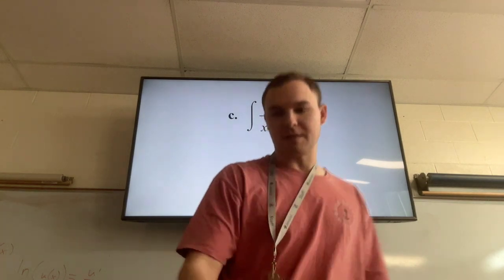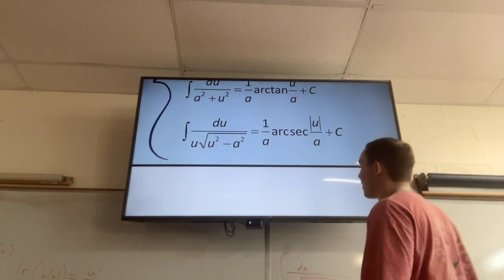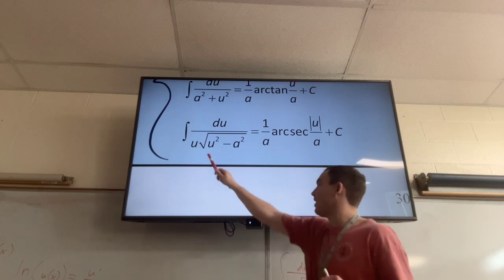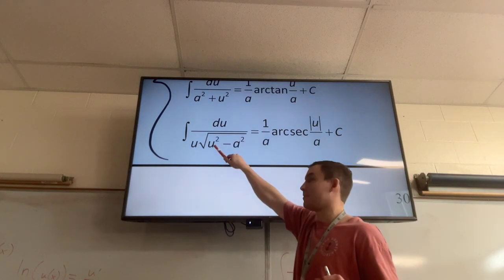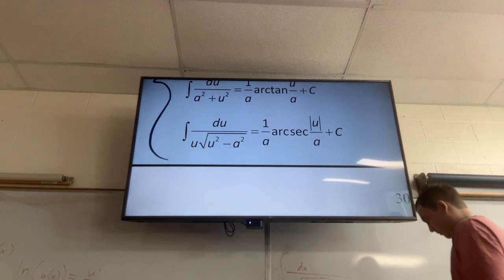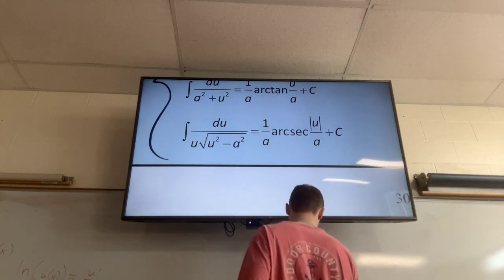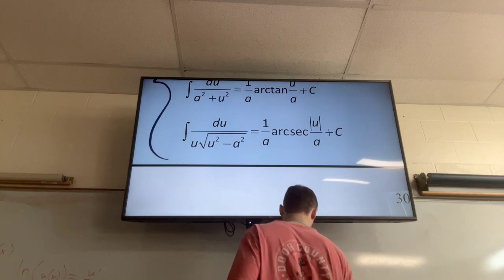This problem looks the most like my arcsecant formula. It needs to be of the form du over a number times the square root of that same number squared minus a squared. What's my a going to be then? 3, because 9 is 3 squared.